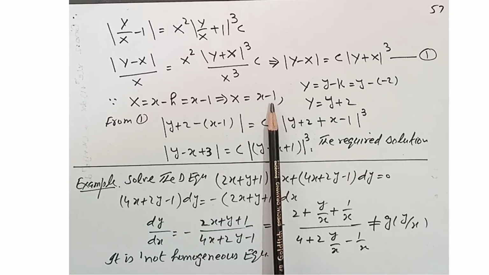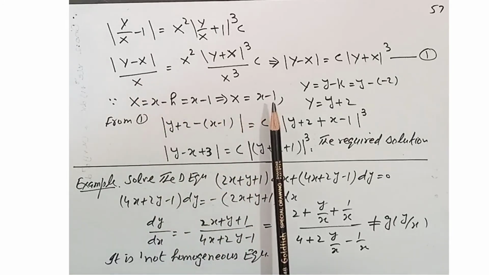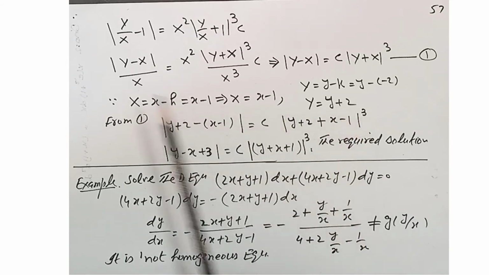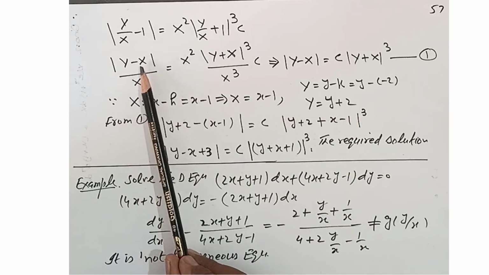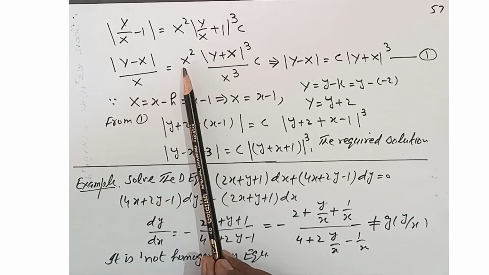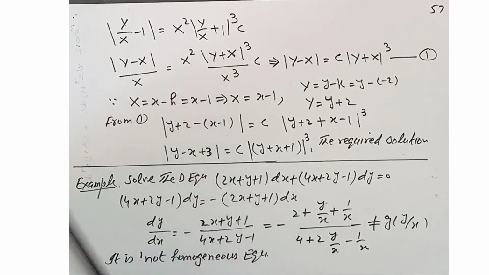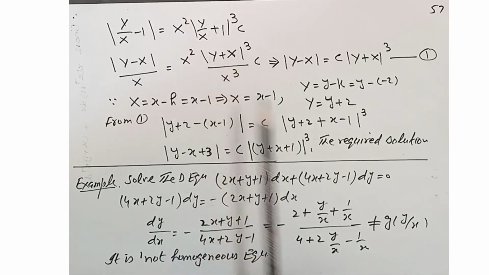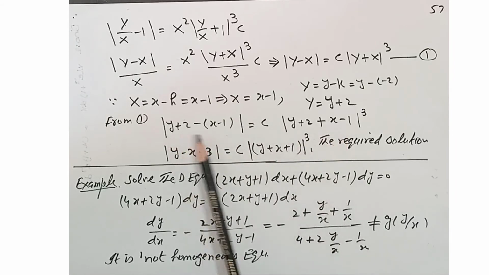In place of capital X, we put x minus 1, and in place of capital Y, we put y plus 2. In this place we put y plus 2, and in this place we put x plus 1. Also in this x we have x minus 1, and in place of y we have y plus 2. After simplification, we have this. This is the required solution of the given equation.